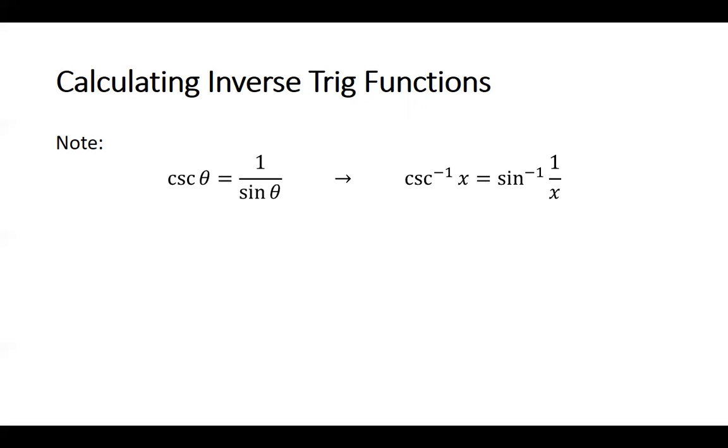We know that cosecant theta is equal to 1 over sine theta. But that doesn't mean that the inverse cosecant of theta is equal to the inverse sine of theta. That's not the way it works.